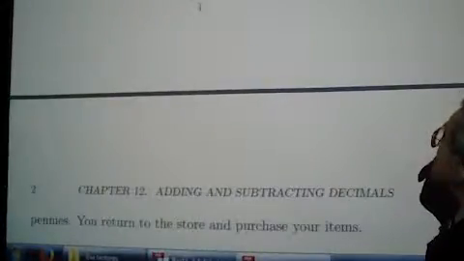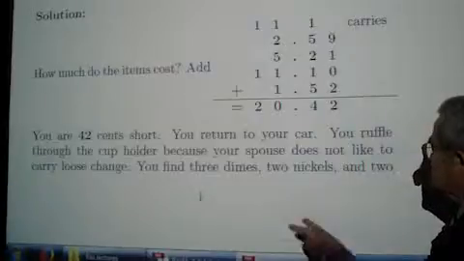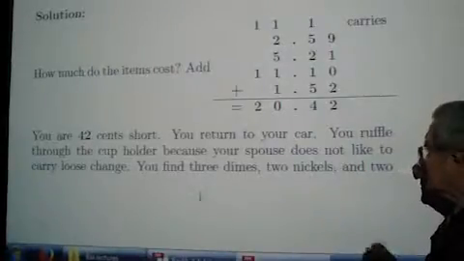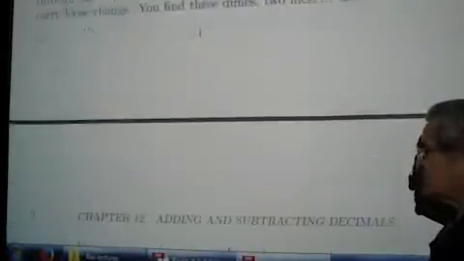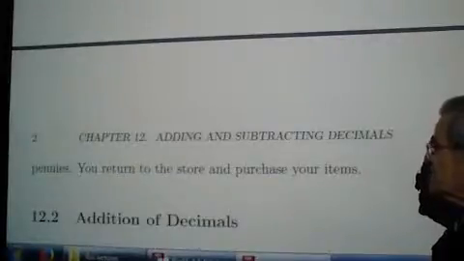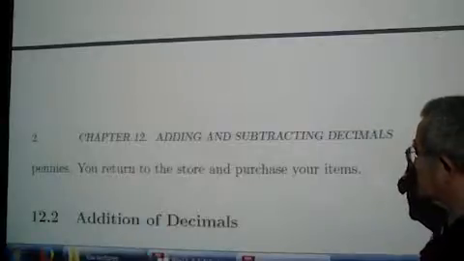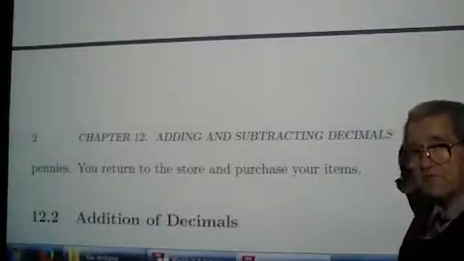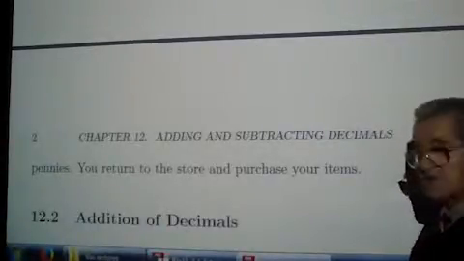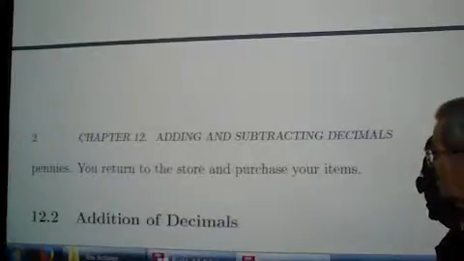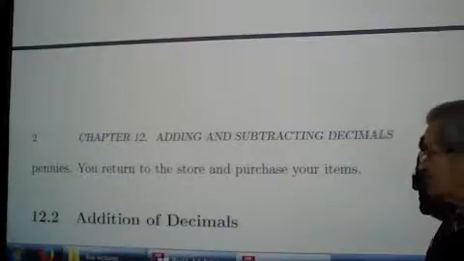That should be exactly 3 dimes is 30 cents, 2 nickels, 5 times 2, 10, 40 cents, and 2 pennies, 42 cents. You got the 42 cents you were short. You return back to the store and you purchase your item. Then you bring him home to your spouse and say, thank you for always keeping loose change in the car.